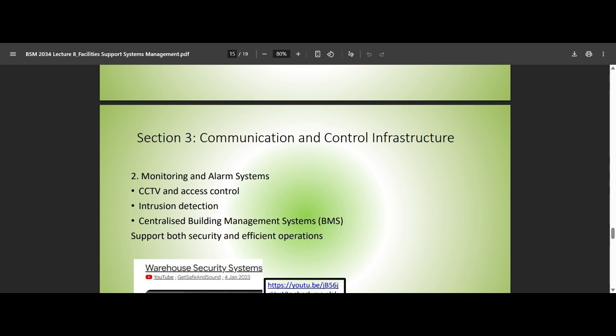Certain areas I can go in, certain areas I can't. Then you have CCTV cameras, intrusion detection, and a centralized building management system. Some high-end facilities do have this, but so far I have not seen it in SMEs.